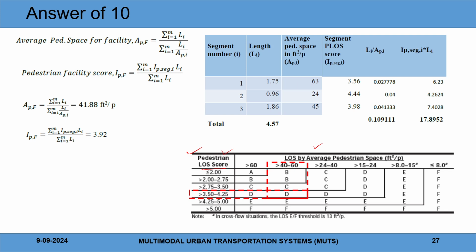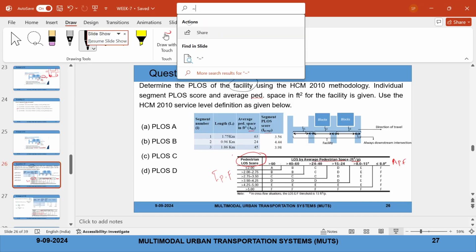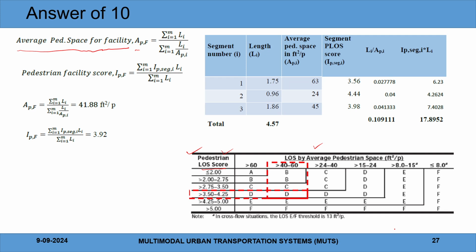And what is the formula for that? The average pedestrian space for the facility, that is APF, is the summation of Li divided by the summation of Li by API. So Li is the length, and average pedestrian space, that is feet square per pedestrian, is given.